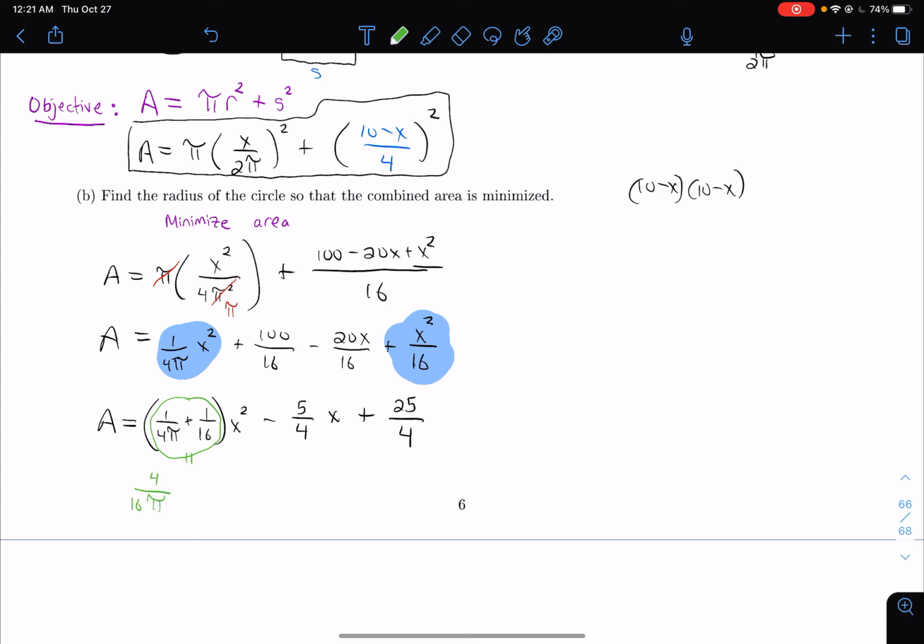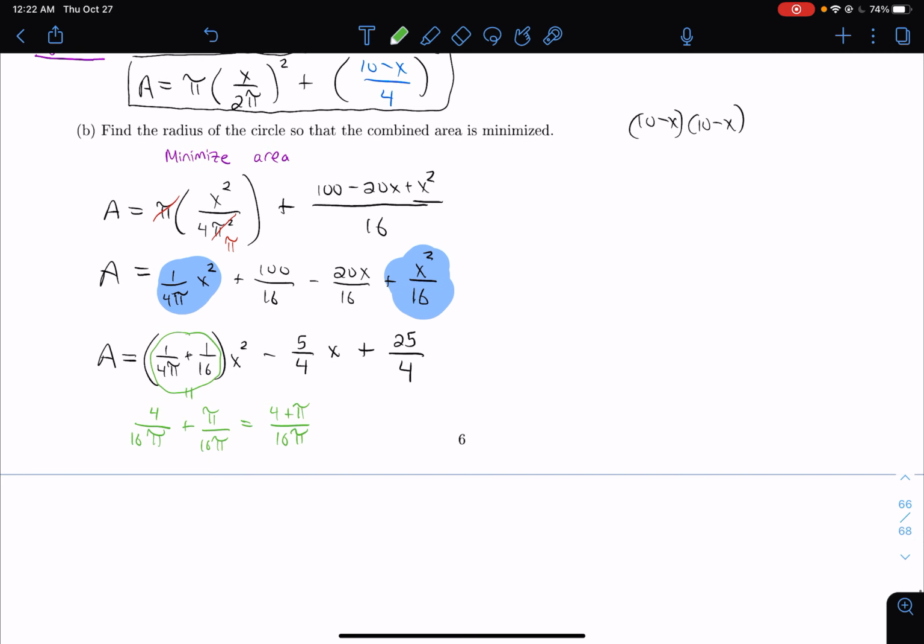I just multiply the top and the bottom by 4. The second fraction, I'd have to multiply the top and the bottom by pi. And that gives me pi over 16 pi. And now that I got a common denominator, I can add these. I get 4 plus pi on the numerator and just 16 pi on the denominator. All right, so we got this thing.